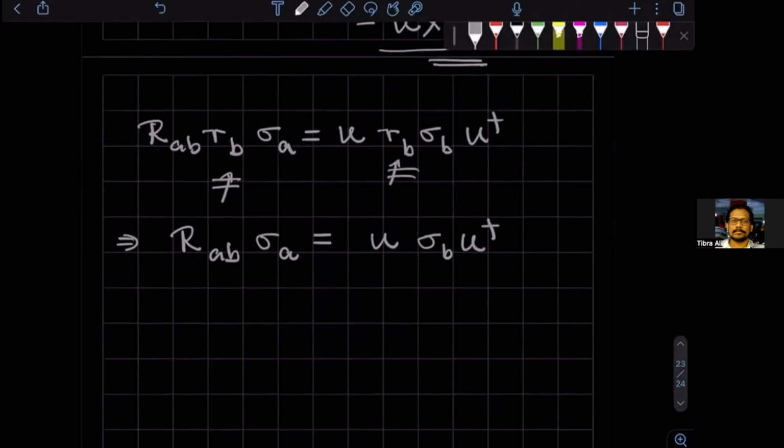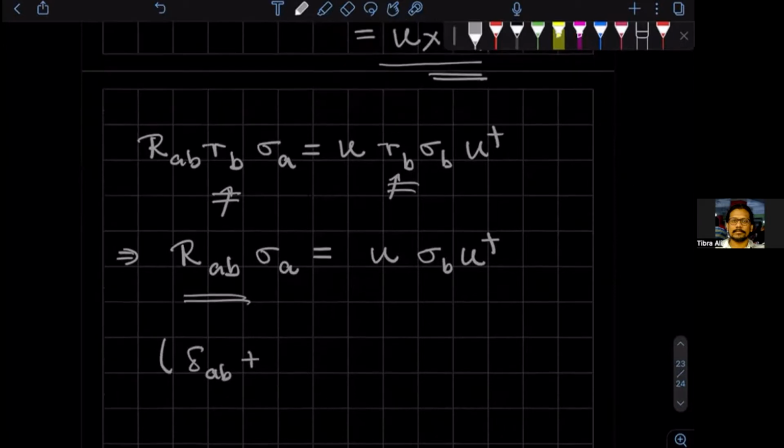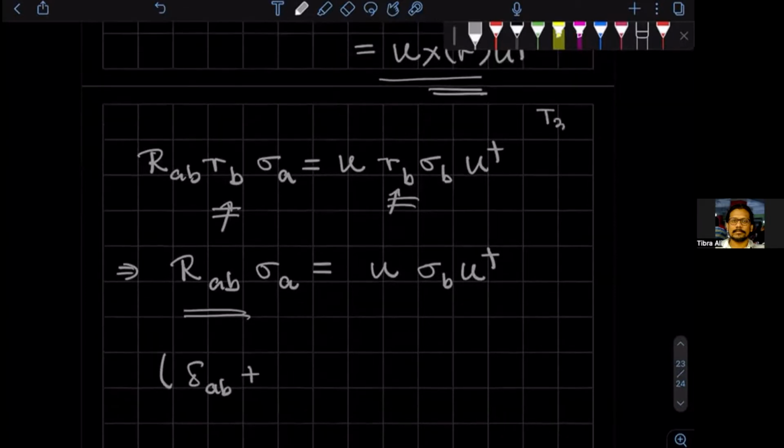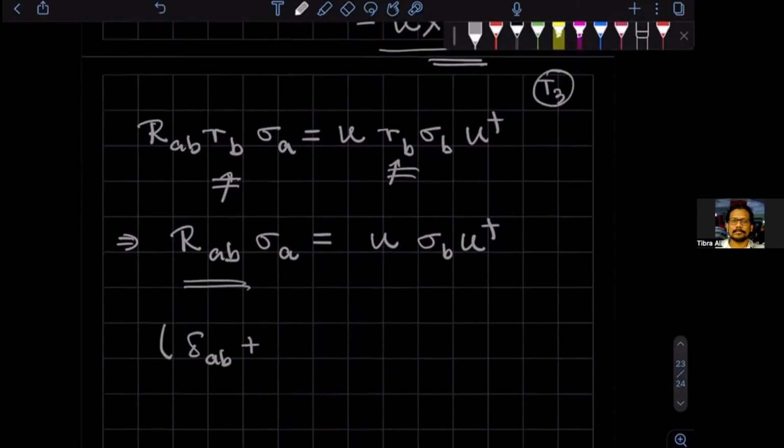So now what I do is that I consider small rotations. If I have a small rotation, then the left-hand side is δ_AB, the identity matrix, plus I'm going to choose my generators for R3 to be Hermitian and complex, so I'm going to introduce an i here. And θ is the rotation. I'm doing a rotation around the third axis, so it'll be T3.